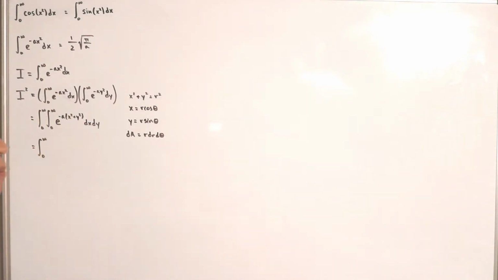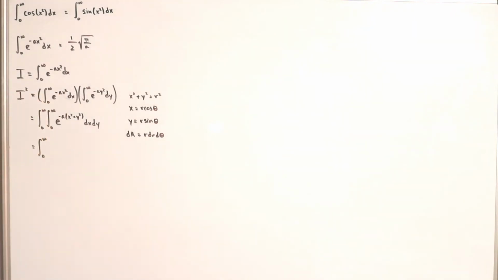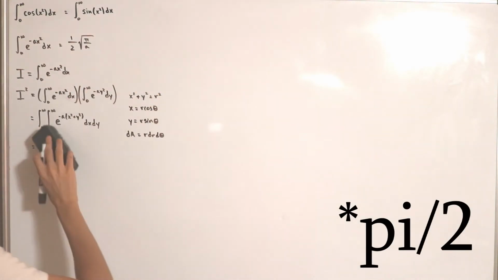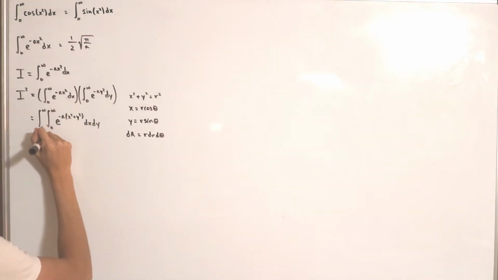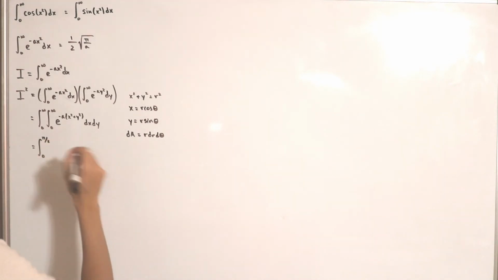That means changing from these coordinates, we're looking at the unit circle, being integrated from 0 to pi over 2, because that only focuses on the first quadrant. I accidentally wrote an infinity, so that's supposed to be pi over 2 specifically.